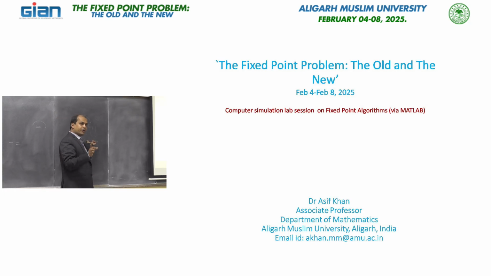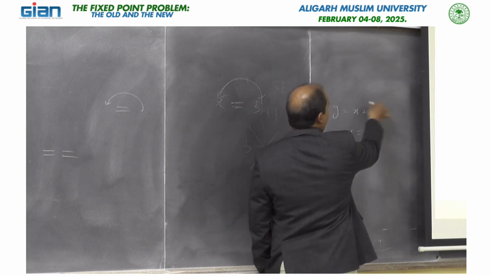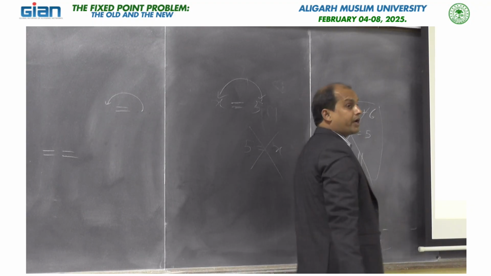Okay. Second rule, I will implement everything. Try to understand those requirements while working on the command window. So suppose y is equal to x plus 6, and let us take x equal to 5 here. Mathematically there is a solution to this one, y is 11, but when you type it on the command window or editor window, you will see that this is not allowed. Why?